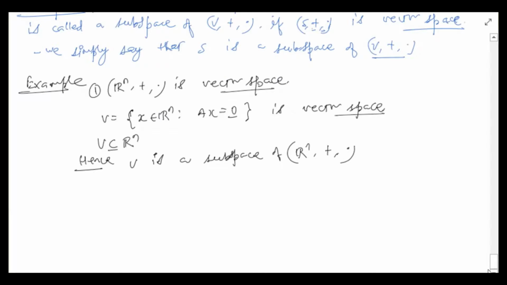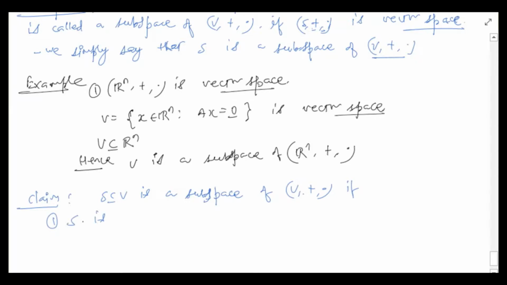So how do we identify whether a subset of a vector space is a subspace or not? Okay. So here is a claim, an observation. S subset of V is a subspace of V plus dot if the following three properties are satisfied. First, S has to be non-empty.